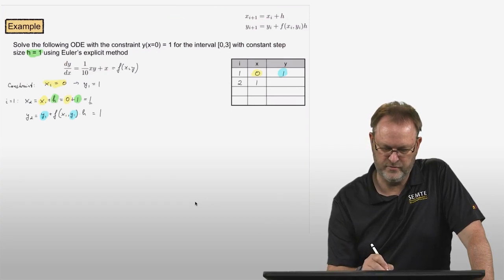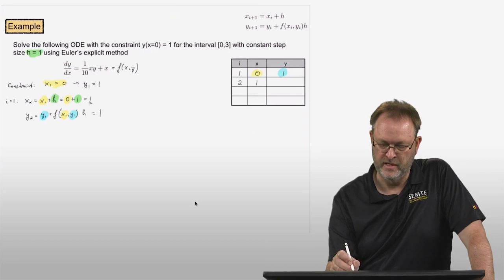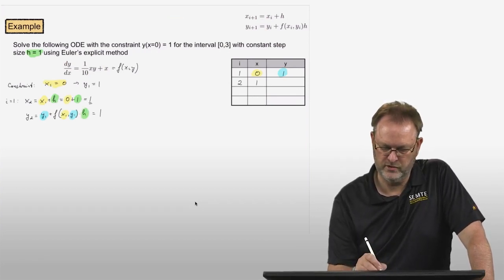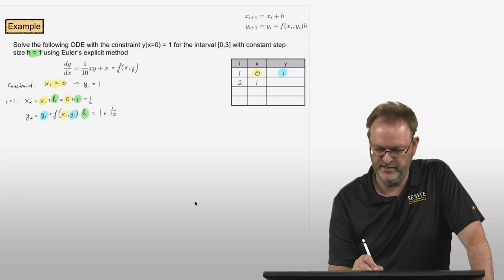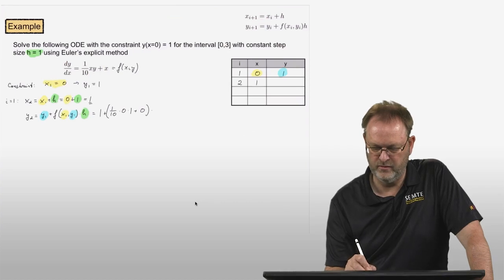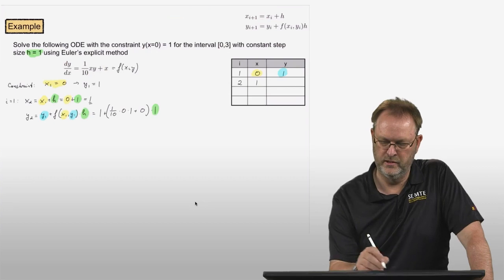I had my x1, that's the yellow one that I have to use in the function over here, and my h was equal to 1. So I have 1 plus f, which is 1/10 times x1, x1 was 0, times y1 is 1, plus the x1, that's my f, times the 1, which is the h. Well, let me color where these values came from.